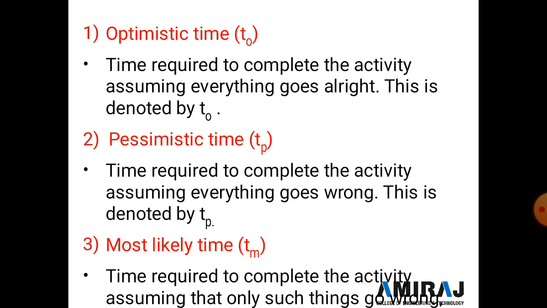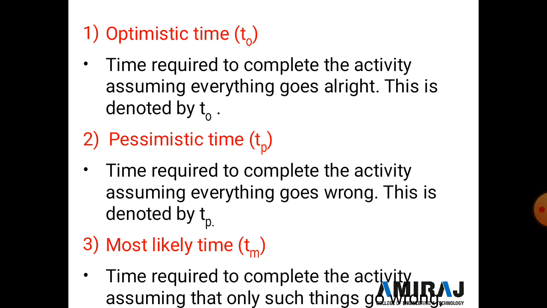We know that all the activities are completed on time, as per our schedule. Like we target the excavation to be completed in 3 days, and we complete the excavation in 3 days, so this time is known as the optimistic time. Clear?